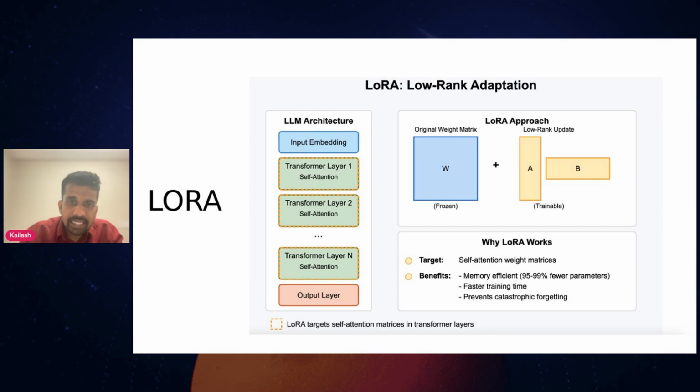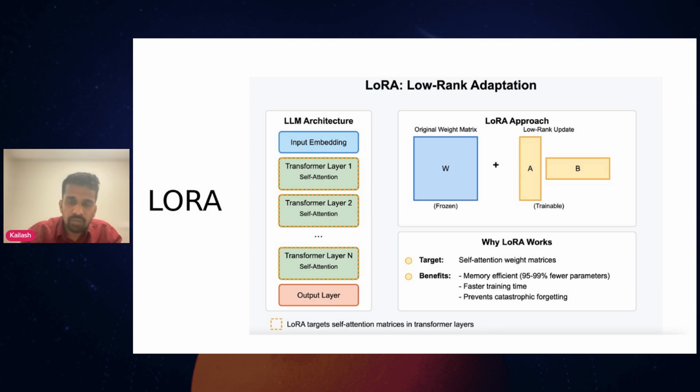So as I said here, we have an LLM architecture with earlier self-supervised fine-tuning. We attached a classification head only to the output layer. But here, what we are doing is we are injecting the low rank adaptation matrix across the different transformer blocks. And then we are not updating the original weights.